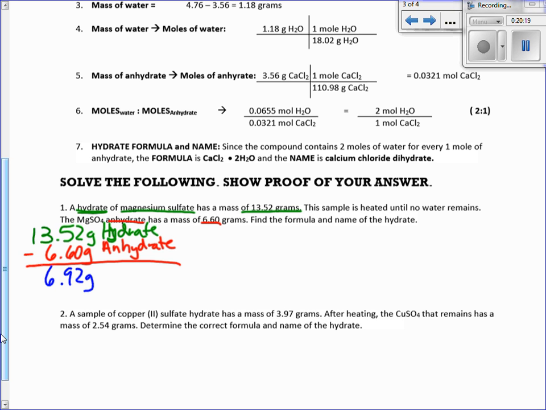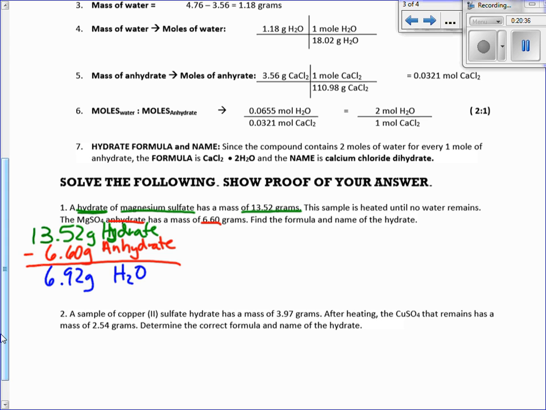That will be the water's mass. Because the anhydrate and the water should add up to the total, which is the hydrate's mass. Okay, so if we know those three numbers, we can continue on.